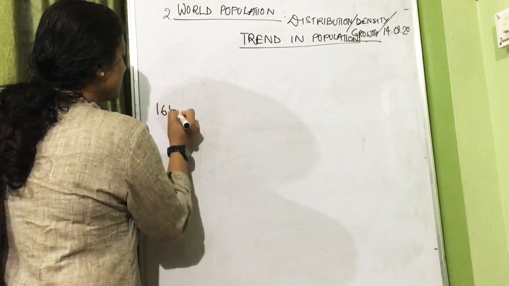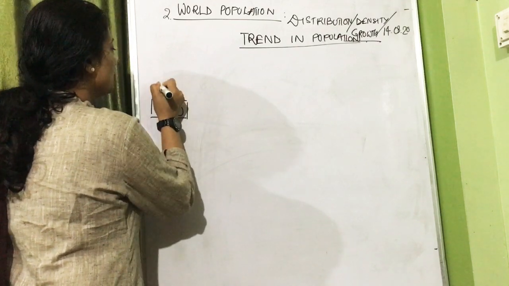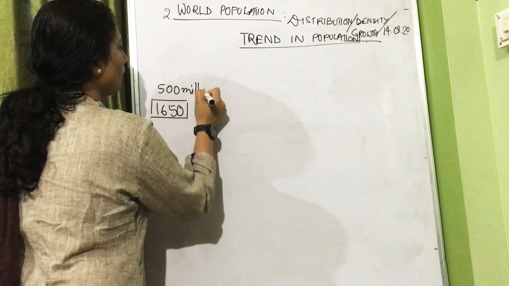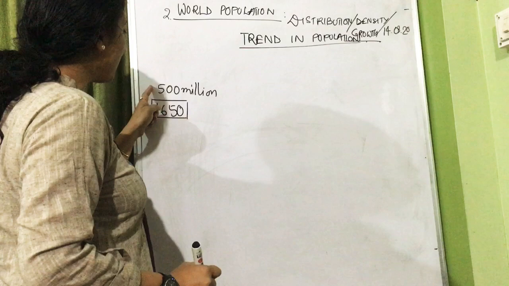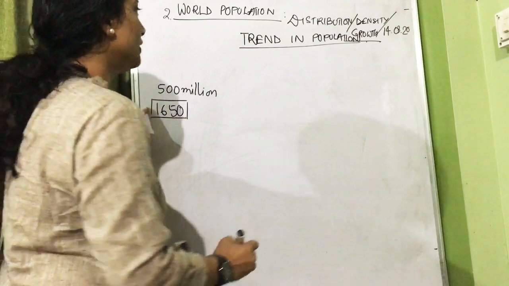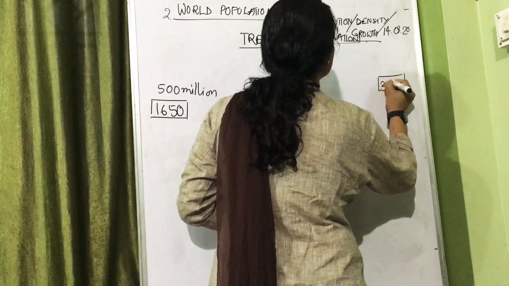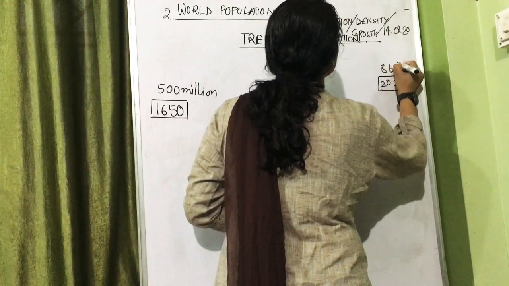In 1650, the estimated population of the world was 500 million. From 500 million in 1650, today in 2020, it has reached 8 billion.